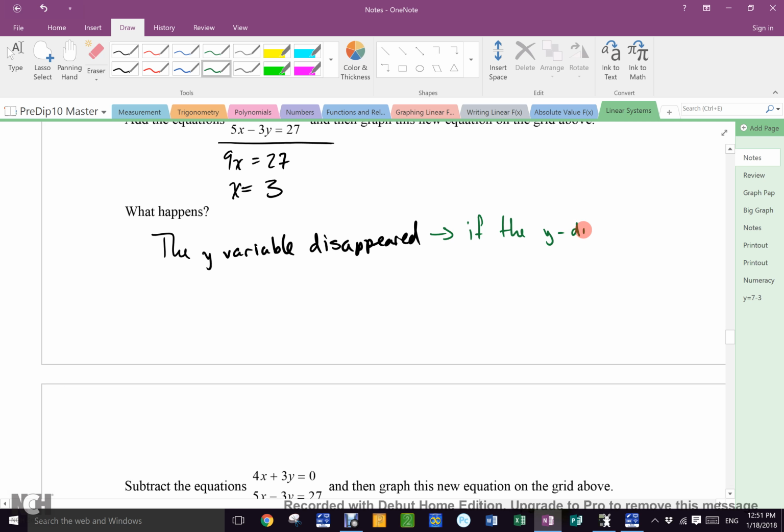If the y disappears, we get the x value of the solution. Now, once that is proven, what would happen if the x value disappeared?